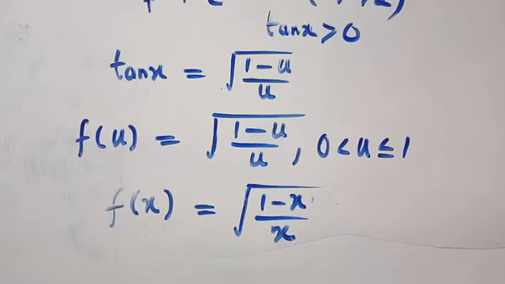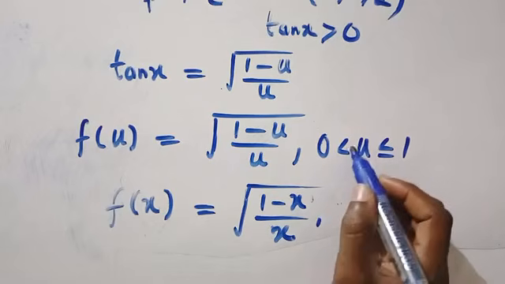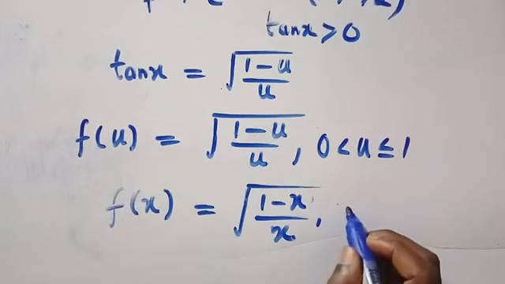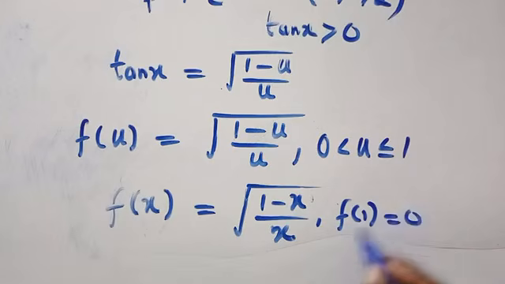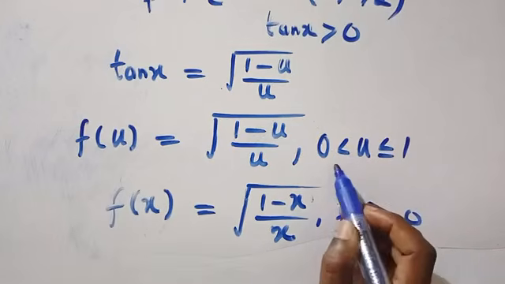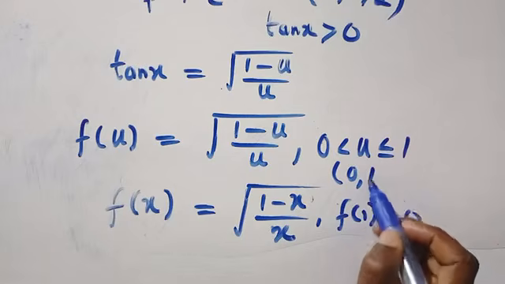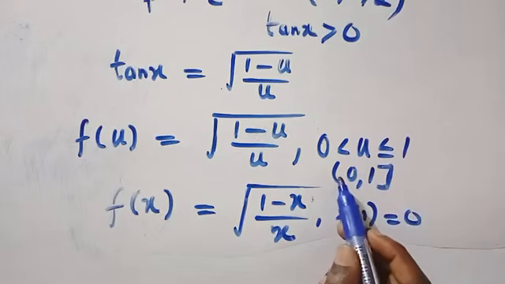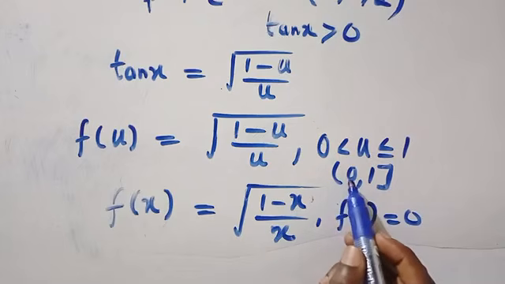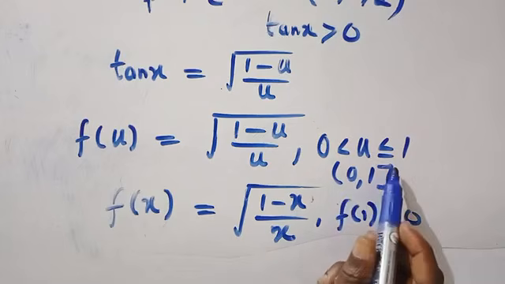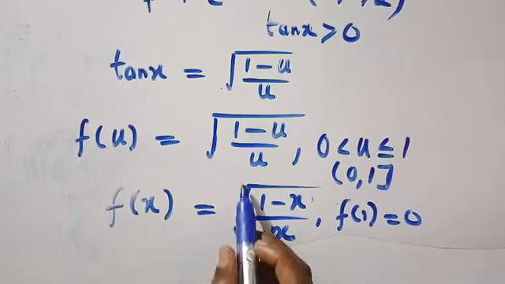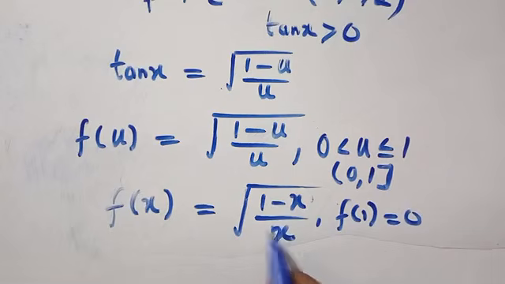And similarly here, since we are considering 1 to be part of this domain, f of 1 will always equal 0. In the other interval here, we have (0, 1]. Looking at these two brackets, they are different things. The round bracket means 0 is not part of this, and when we close it with a square bracket, it means the number stops at 1. So f of x equals the square root of 1 minus x over x is the solution that we need for this function.